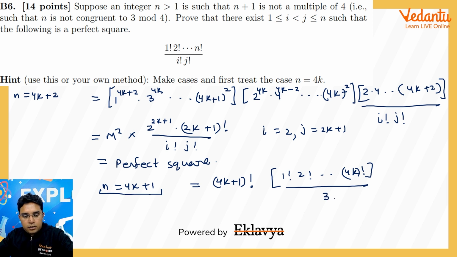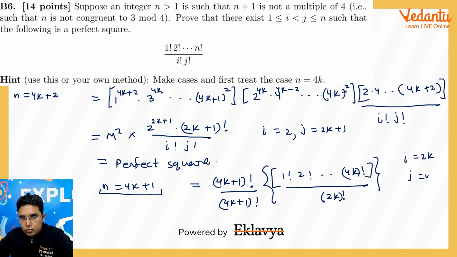So if I take j as 2k factorial, so this quantity will become perfect square, and 1 i factorial is also remaining, so I will take i as 4k plus 1 factorial, or maybe because i is less than j, so I will take i as 2k and I will take j as 4k plus 1. So again this will be cancelled and this is already perfect square, so we have proved that it will become perfect square if n is equal to 4k plus 1.